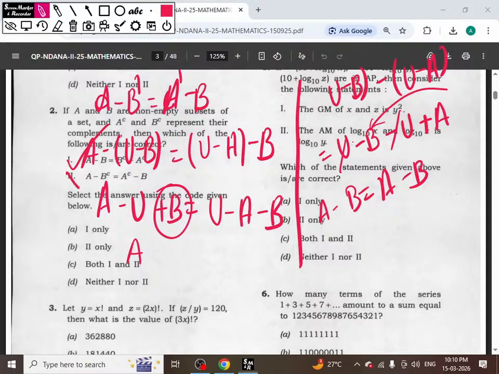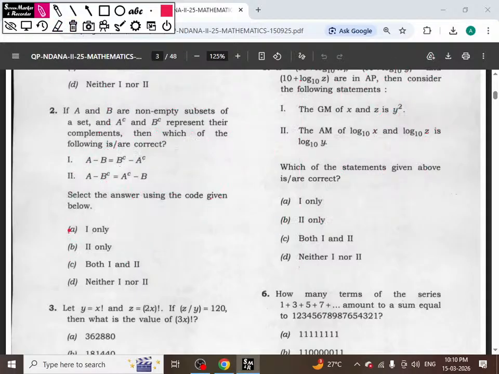So it is plus B. So it is not equal. So which option will be correct? Only the first option will be correct.